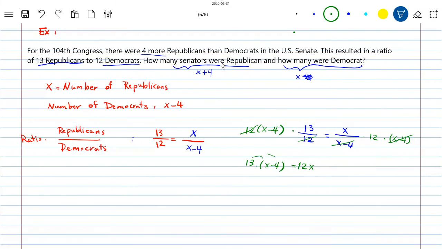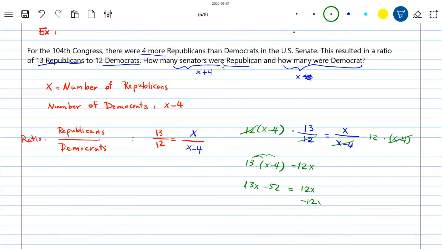Distribute the 13. You get 13X minus 13 times 4, that is 52, equals 12X. I may make mistakes as we sometimes do the multiplication, so just make sure that you're following, and if there's a mistake, you can fix my mistake. 13X minus 52 equals 12X.